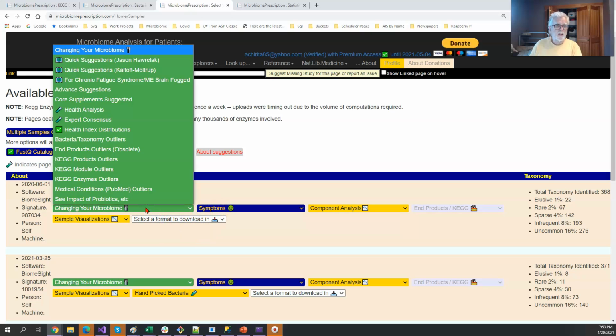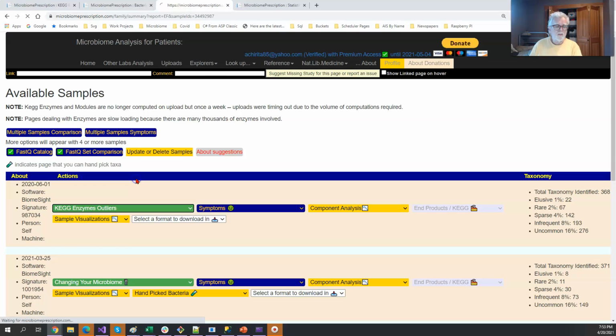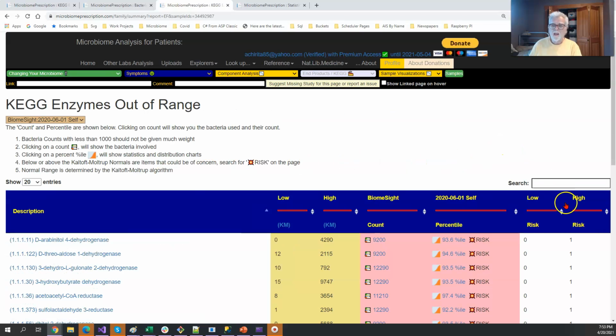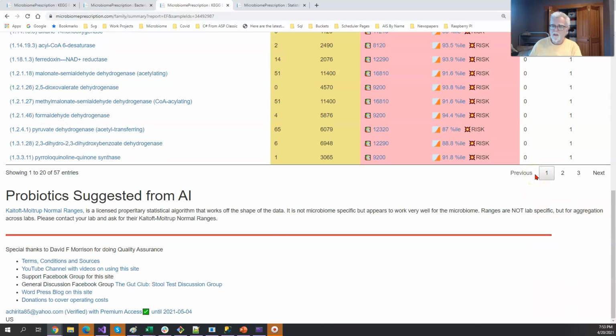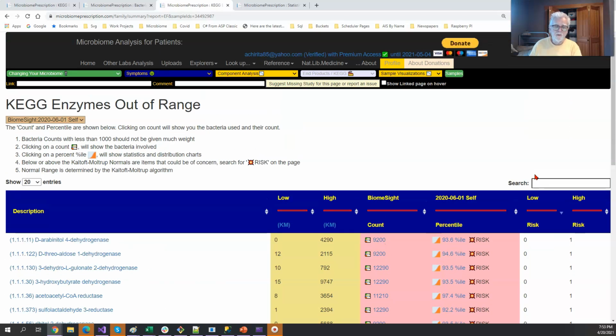Right here we have hand picked bacteria, and let's look at the earlier one, since this person has two enzyme outliers. Again, we click once, we click two, and this person again is nothing but high values. Enzyme levels are higher than is typically seen, which means again the only thing you can do is go over and do it.